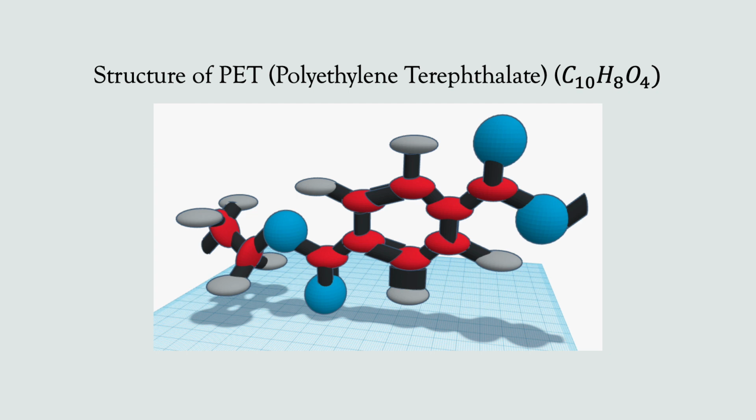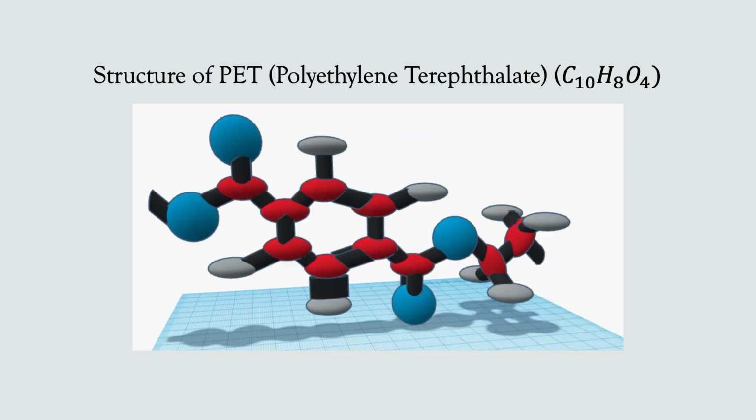As you see here in the structure, the carbon is red colored, the hydrogen is gray colored, and the oxygen is blue colored. And this is another picture of the design, from the back. And as we see here, the different geometries, and we see multiple types of bonds. Some of them are double bonded and some of them are single bonded.